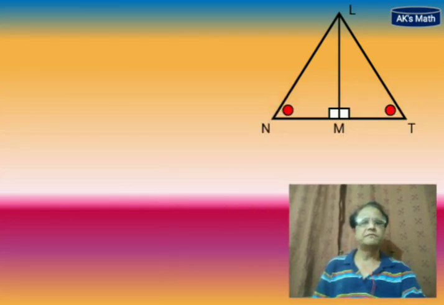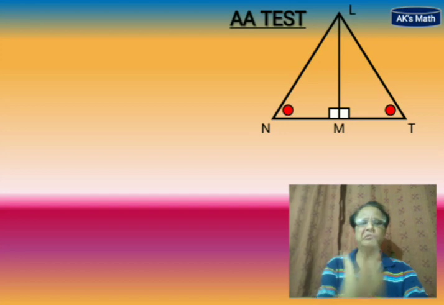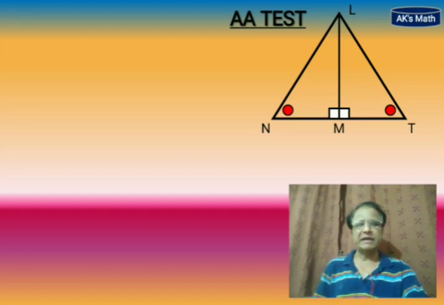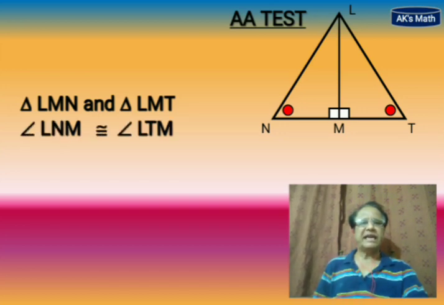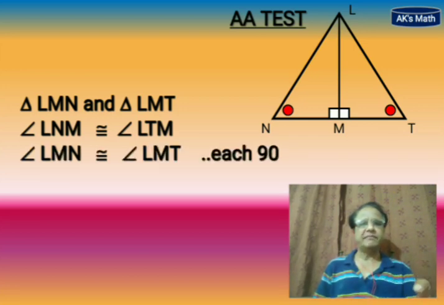Now look at this one. This is another pair which is in front of us now. Look at this pair, LMN and LMT. In between these two triangles we will learn now how the AA test happens. In triangle LMN and triangle LMT, the red symbols show that angle LNM is congruent to angle LTM.